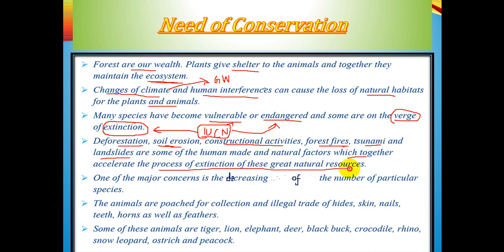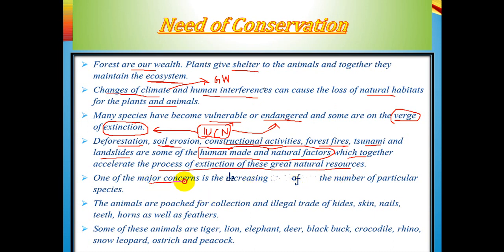So in short, it is a combination of natural and human factors continuously acting on nature and creating degradation, or an ecological imbalance. That is the reason we need to conserve it.